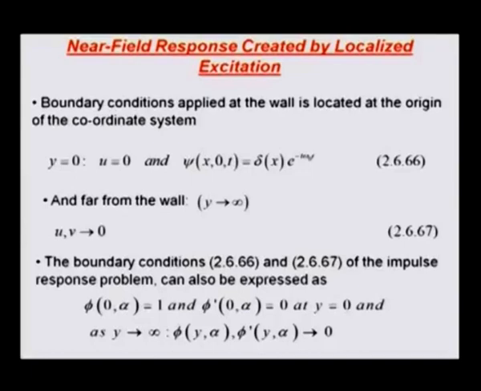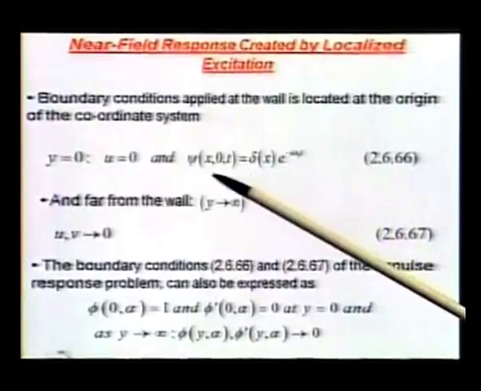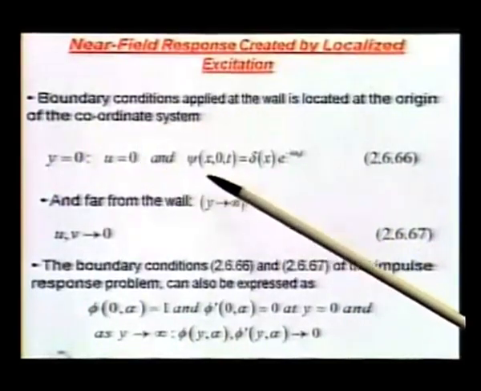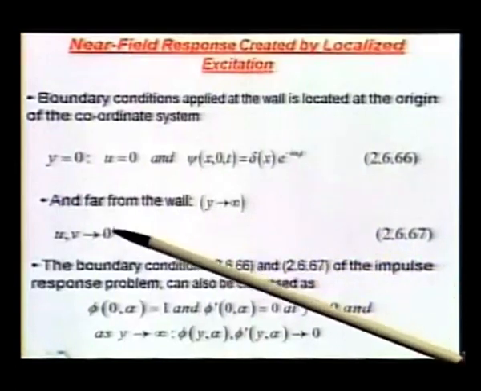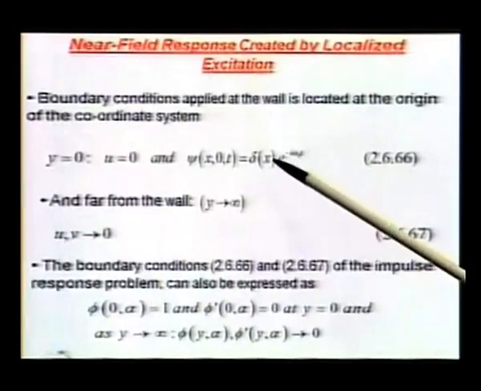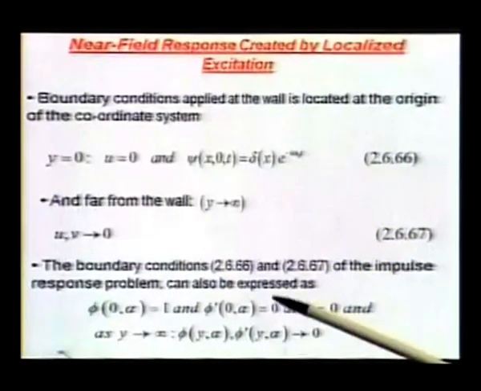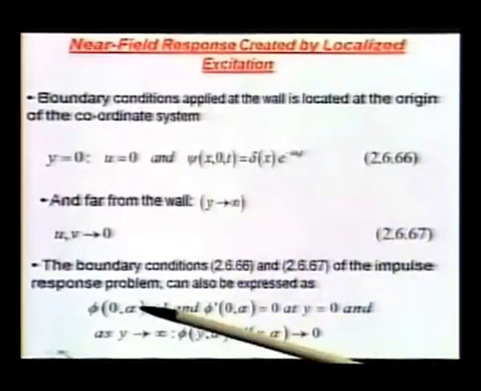Well, our original problem remains as it is, right. So, we have at the wall u equal to 0 and psi equal to this, and of course, far from the wall, if we go outside the shear layer, u and v go to 0. Well, these are the physical plane description. The corresponding spectral plane description is this, right. We have seen that this comes out like this.